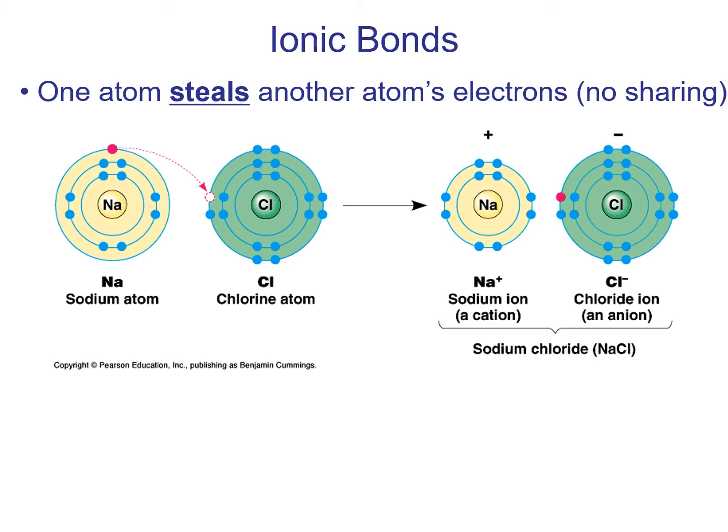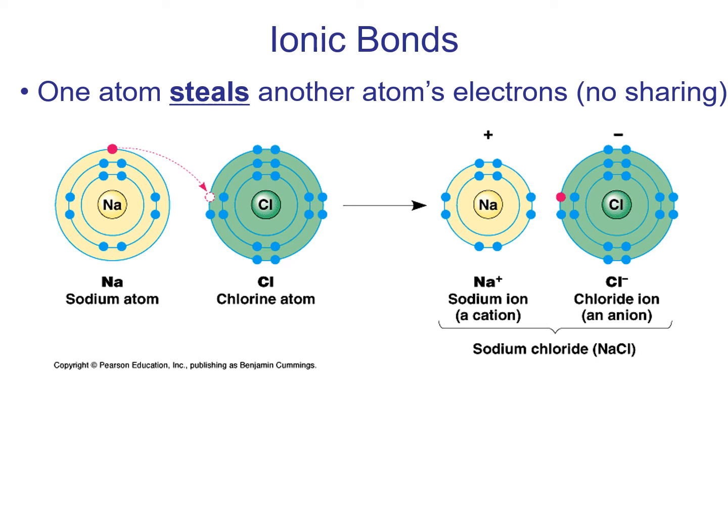So after this happens, after the electron is transferred from sodium to chlorine, we get two charged atoms. So we have sodium plus, and that's because we've got one more proton than we do electrons, and that sodium plus is known as a sodium ion.